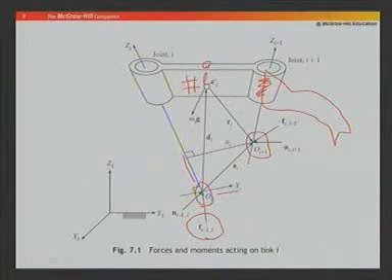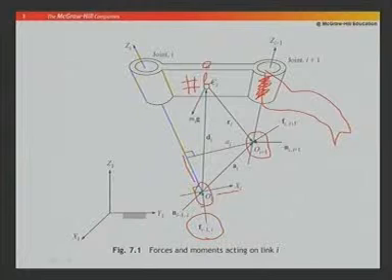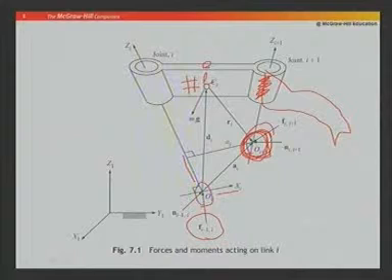So, force actually may be applied at this surface here, but for the mathematical calculations we transfer these forces here, and we consider that the i plus 1 body applies forces and moments through Oi plus 1. Physically it may happen here, but we must consider it here.